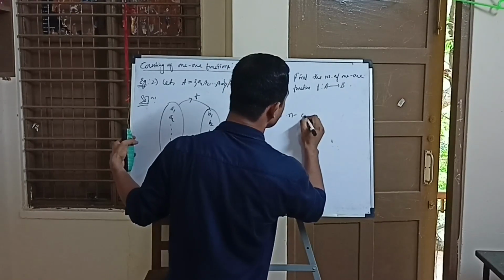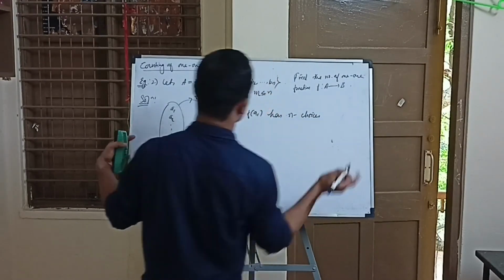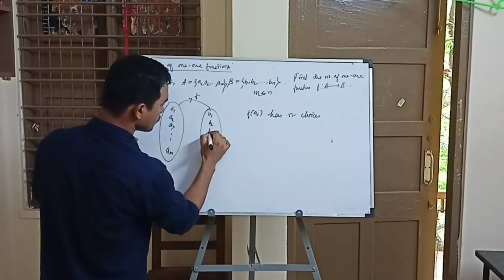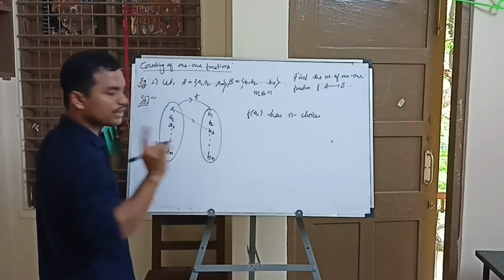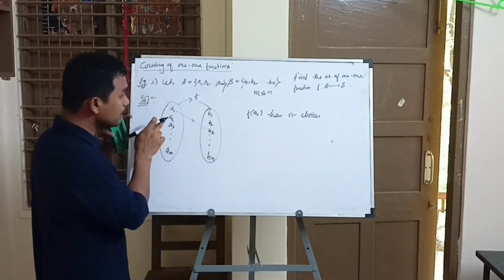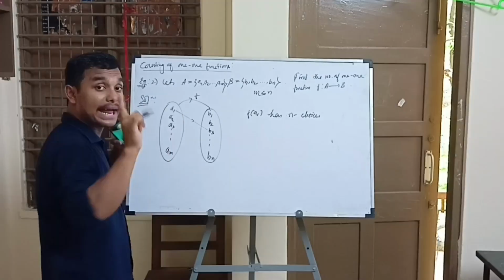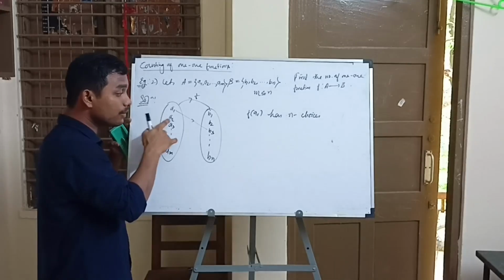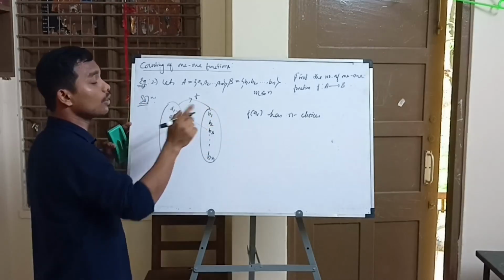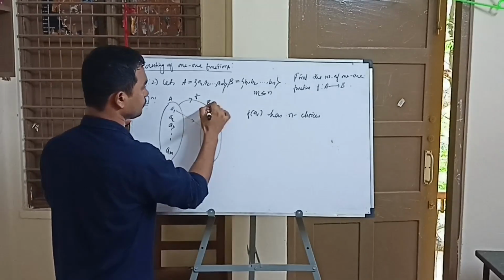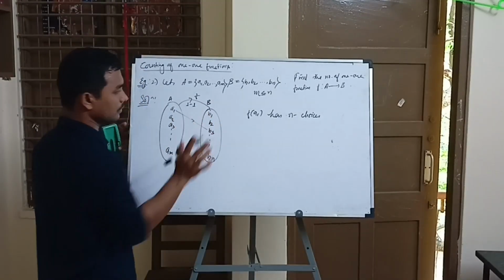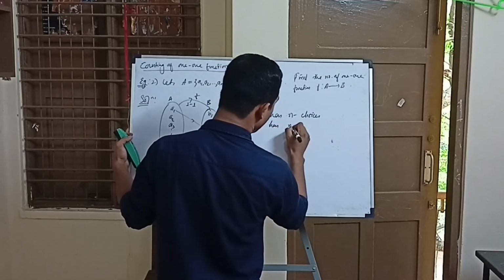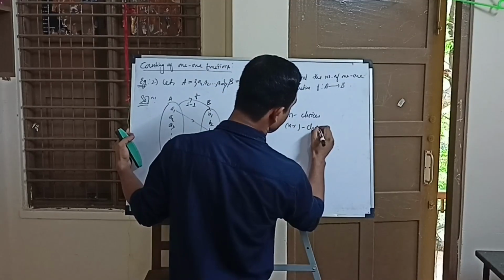Then suppose the image of a1 is b3. Then the image of a2 has how many choices? n minus 1 choices, because the image of a1 is b3. If the image of a2 is b3, then the function will not be one-one. So f of a2 has n minus 1 choices.